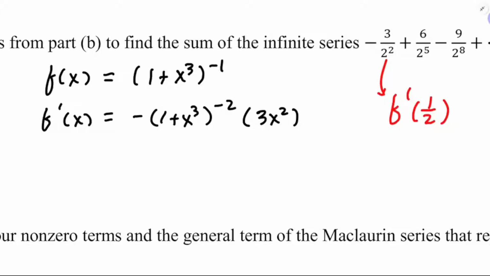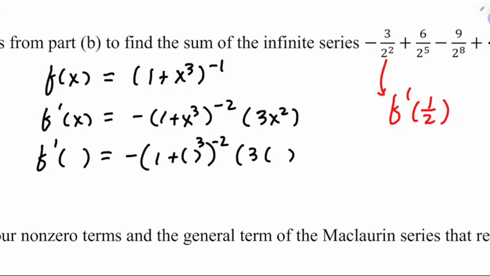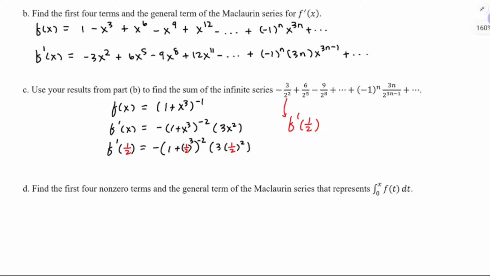So we use the chain rule, and we are going to say f prime of 1/2 is going to equal the negative of 1 plus something cubed to the negative 2 power times 3 times that thing squared. That's kind of a lot, but I think we could stop there, right? This is supposed to be just a number. As long as we're not going to use that, no, we're moving on to the integral of f.